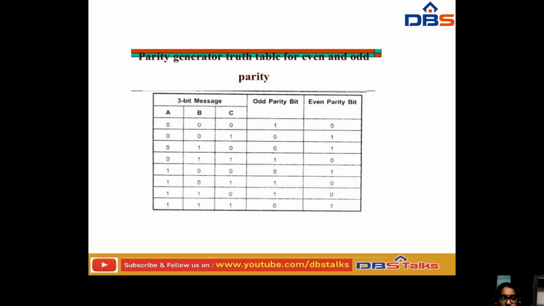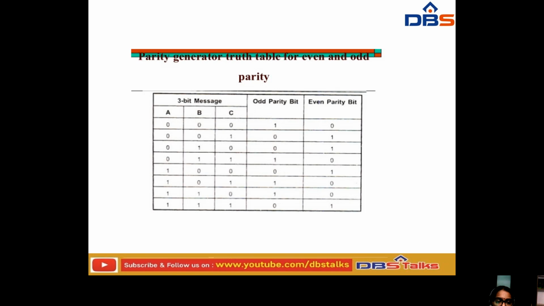At the first position, it is an odd parity, and the second is even, the third is even, the fourth is odd, the fifth is even, the sixth is odd, the seventh is odd, and the eighth is even.